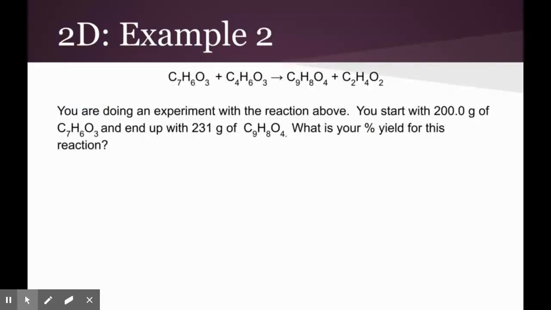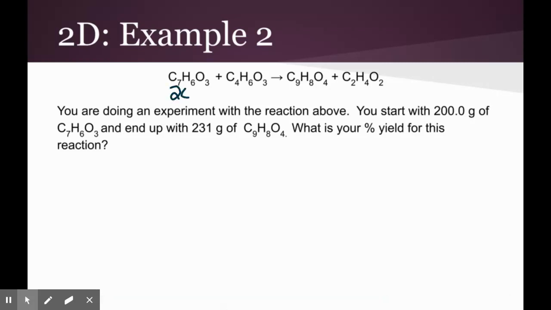All right, so example 2 for 2D says you are doing an experiment with the reaction above. You start with 200 grams of C7H6O3 and end up with 231 grams of C9H8O4. What is your percent yield for this reaction? So let's look at what we're given.